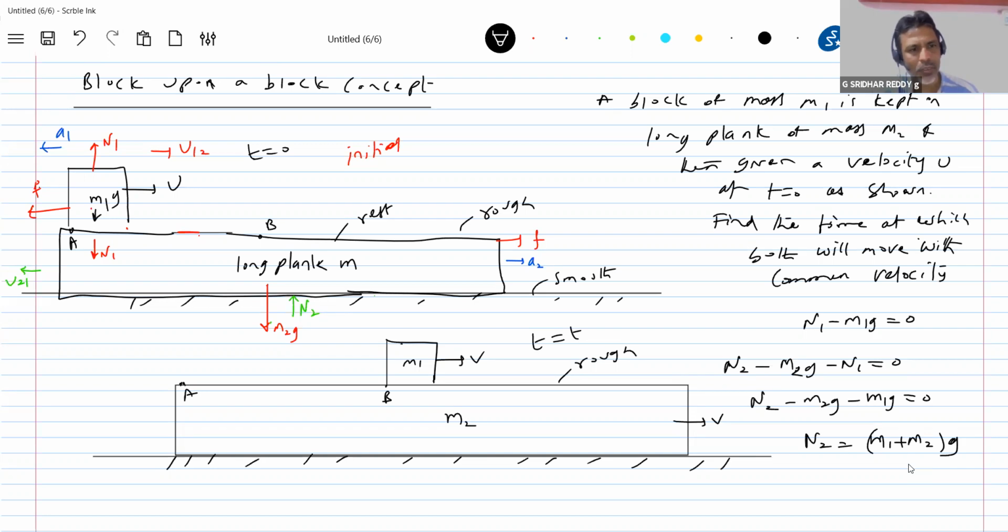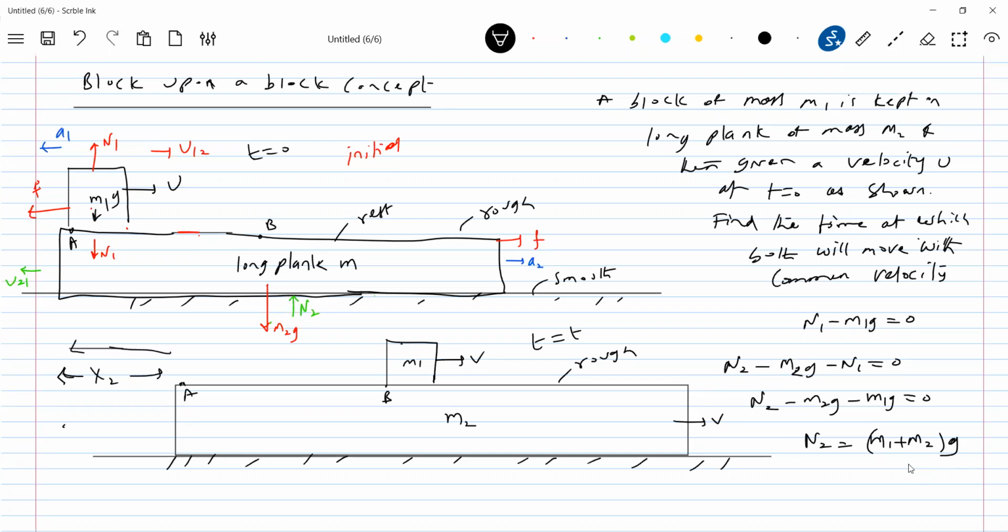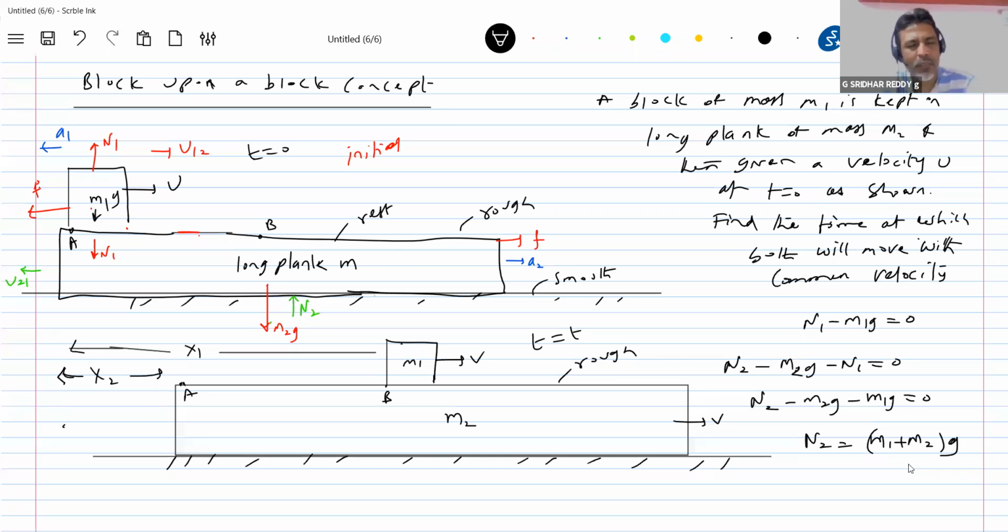Yes, there is. You see the plank also got displaced with respect to its initial position. The block also got displaced, no? X1. So what is X2? Displacement of the plank with respect to the ground. What is X1? Displacement of the block with respect to the ground. I'll indicate that X1 here. And the displacement of the block with respect to the plank is AB. We have to find out all these things.